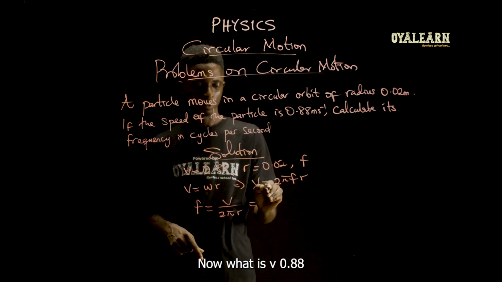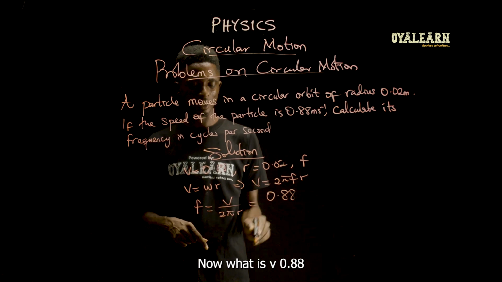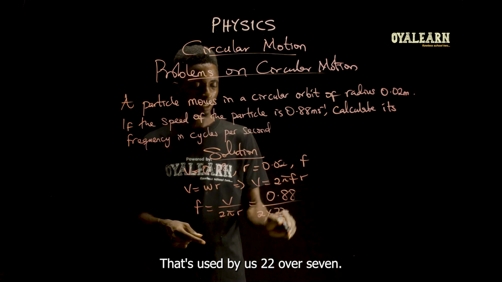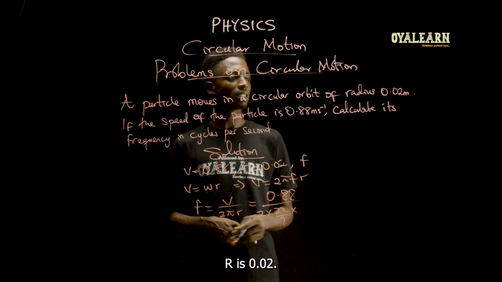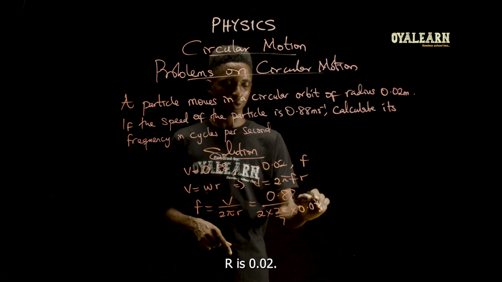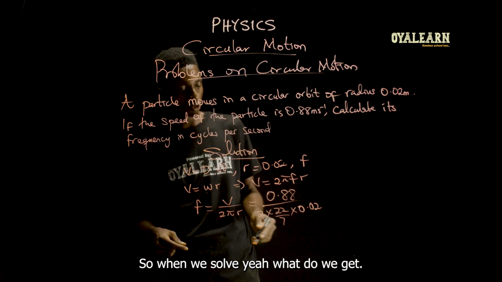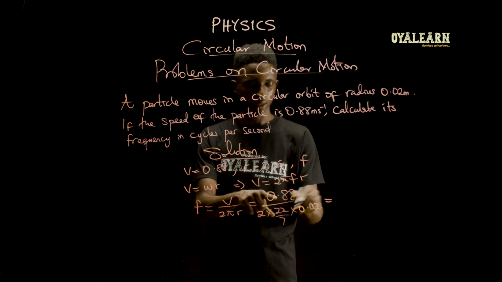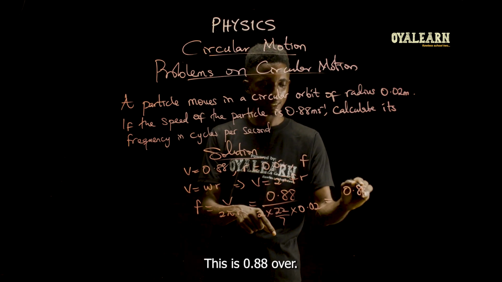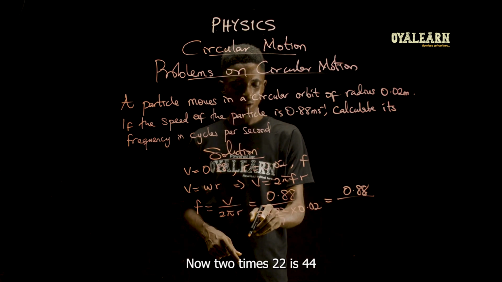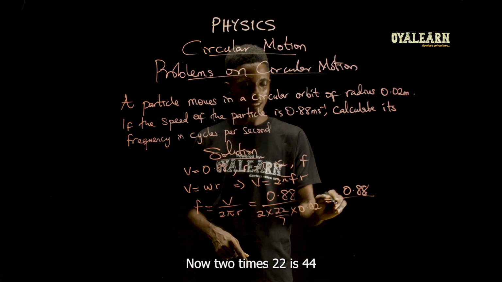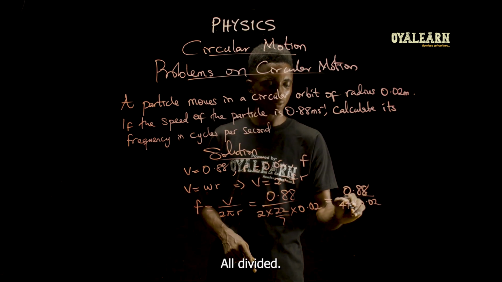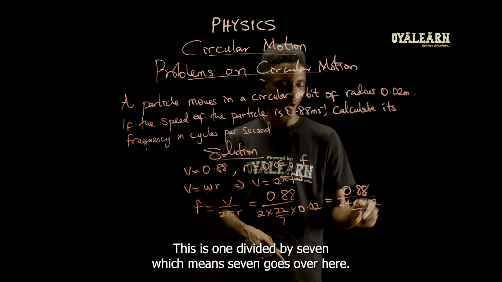Now what is V? 0.88 divided by 2 times, let's use pi as 22 over 7, then multiply by R. R is 0.02. So when we solve here, what do we get? Easily we can see that this is 0.88 over, now 2 times 22 is 44 times 0.02, all divided by 7, which means 7 goes up here.